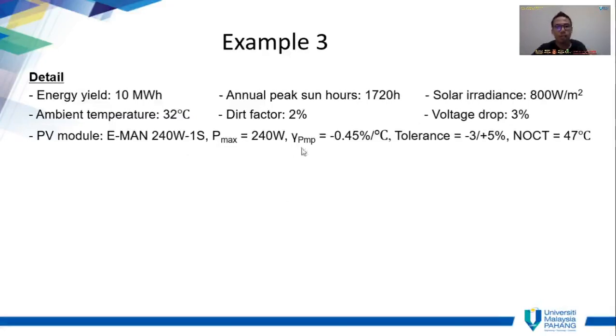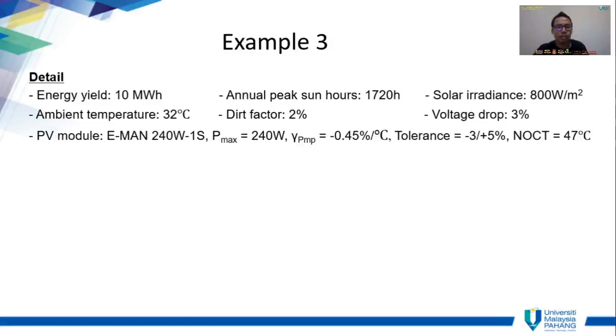The temperature coefficient of PMP is minus 0.45% per degree C, which is typical for monocrystalline silicon modules. The tolerance is minus 3 plus 5%, and the NOCT is 47 degrees C.